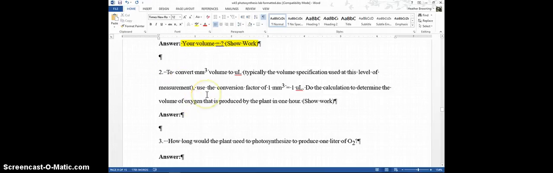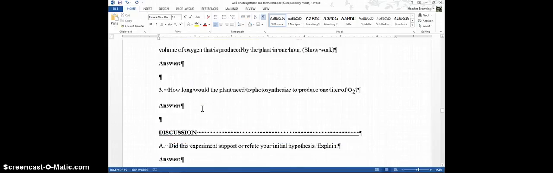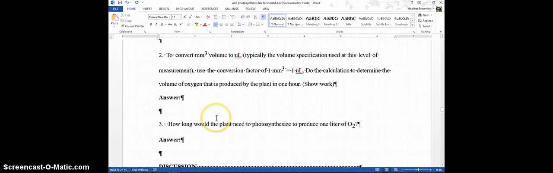Then to convert it to microliters, it just shows the conversion. And so that would be per hour, right? So now you want to know how long you need to produce 1 liter. So you know the rate per hour, so you need to multiply that by how many microliters are in a liter, and then divide that by your rate, right?